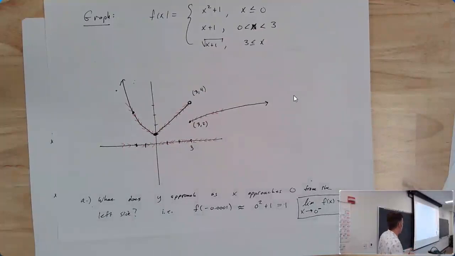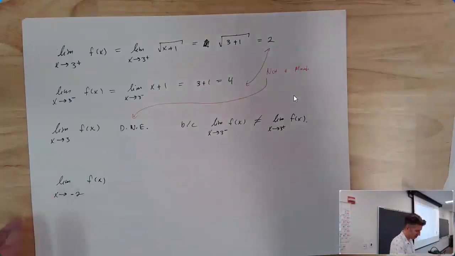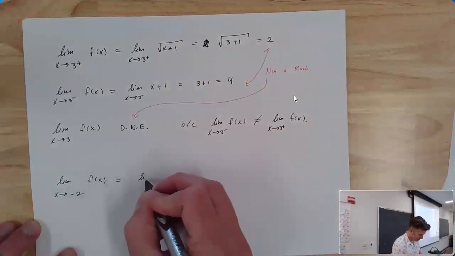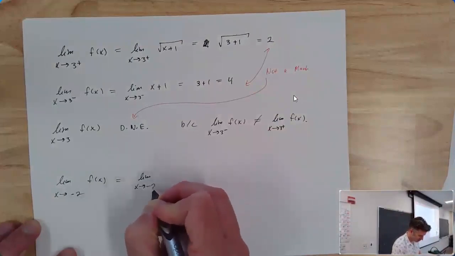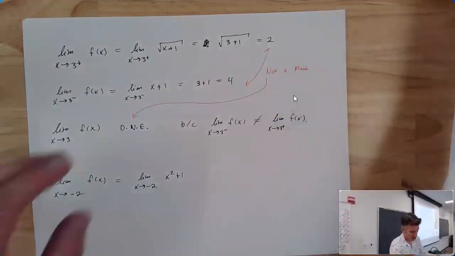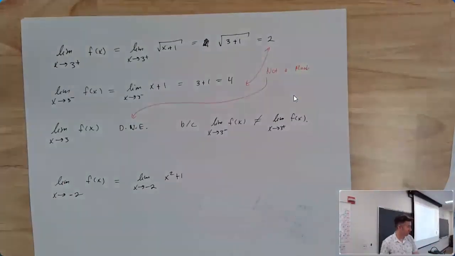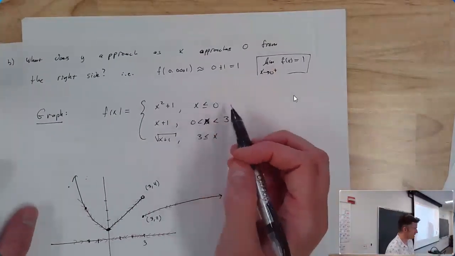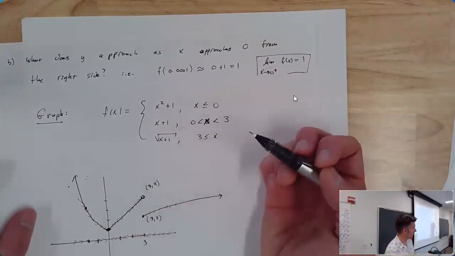While we certainly could do that extra work, we really don't need to. We can just say the limit as x approaches -2 of f of x is the limit as x approaches -2 of x squared plus 1, because that's the piece we need to use when x is getting close to -2. If x is close to -2, we're definitely in the less than 0 portion of the graph.